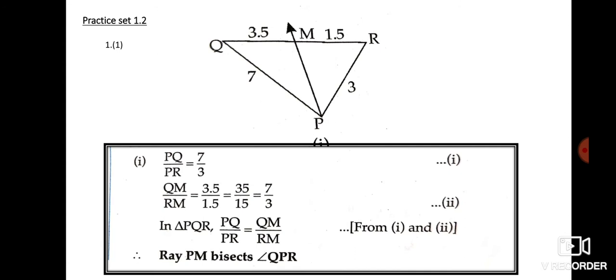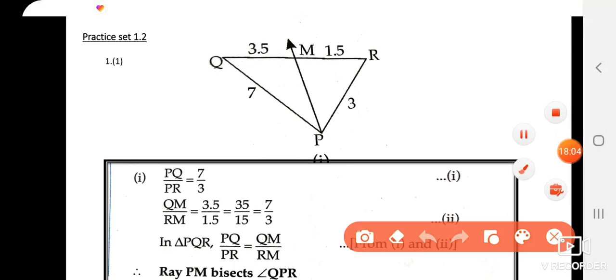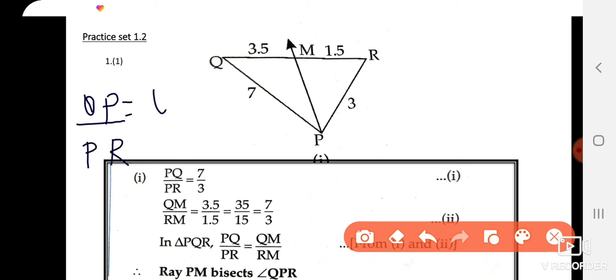Now the moment we look into angle bisector, what comes into our picture is we will remember the angle bisector property and we will start writing it like this. We will immediately write QP upon PR is equal to QM upon MR, and then we would start substituting. Now children, remember, in this sum we have to identify whether PM is the bisector. So we cannot write this.